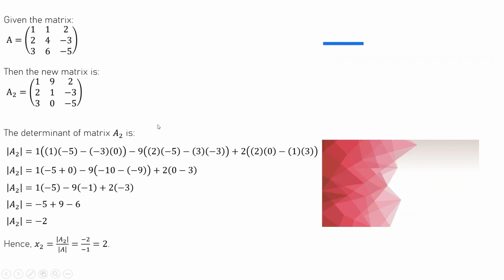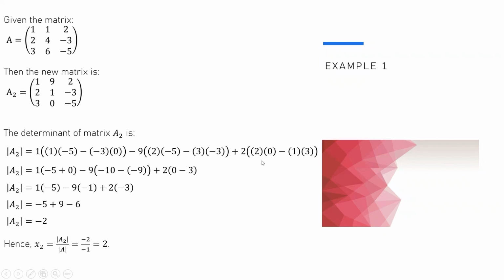Let's find x2. For x2, we need to substitute the second column of matrix A. As shown just now, when we were finding x1, we substituted the first column of matrix A with matrix B, but now it is the second column. So we will have matrix A2 as 1, 9, 2, 2, 1, negative 3, 3, 0, negative 5. Similar to just now, we need to find the determinant of matrix A2.